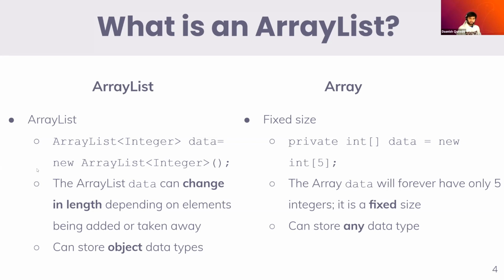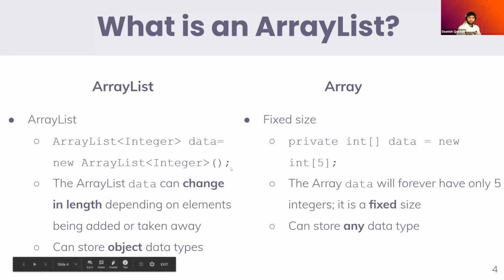So the array list data can change in length, right? We talked about how the array can only stay at 5 total integers, but the array list can hold as many integers or as few integers as you want, depending on whether the programmer wants to add or remove. And array lists store objects or classes.